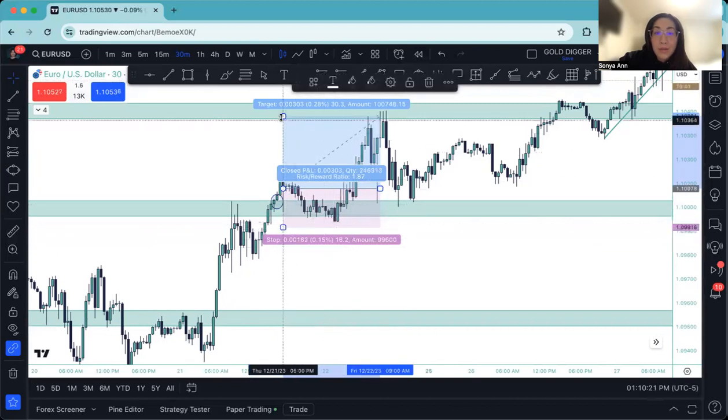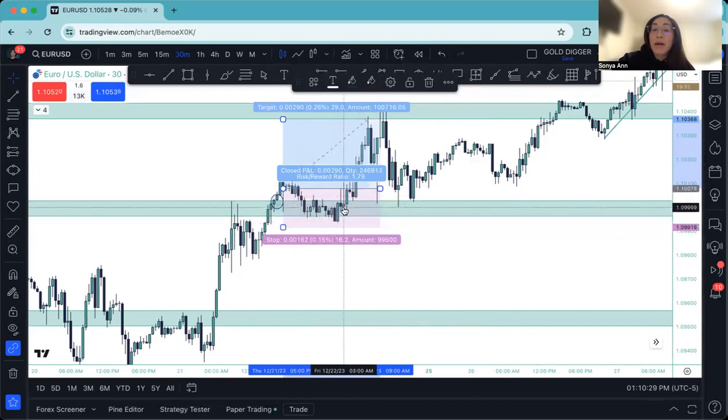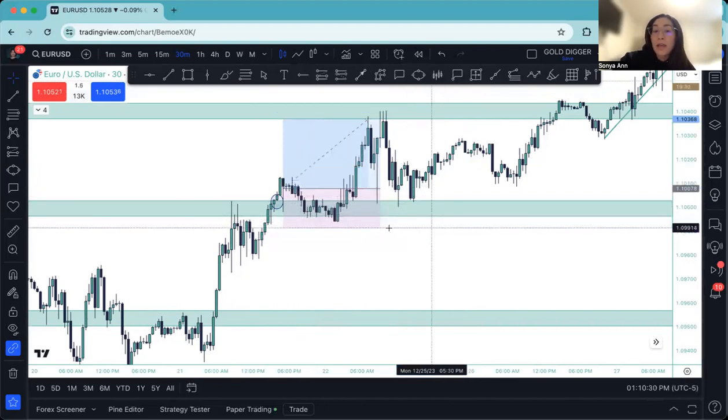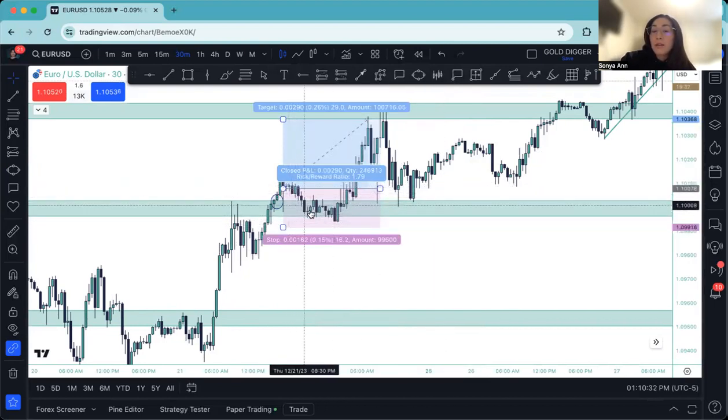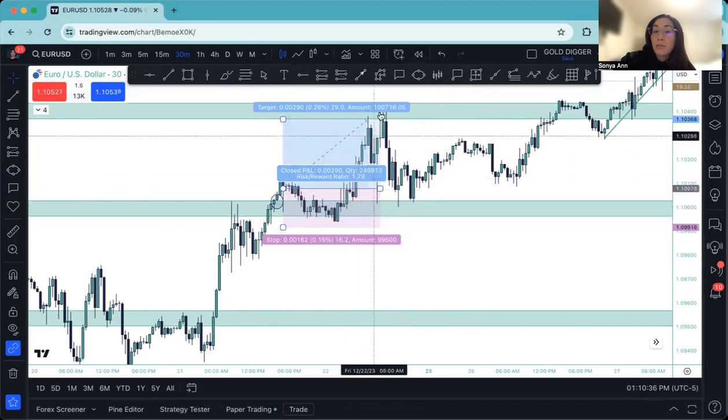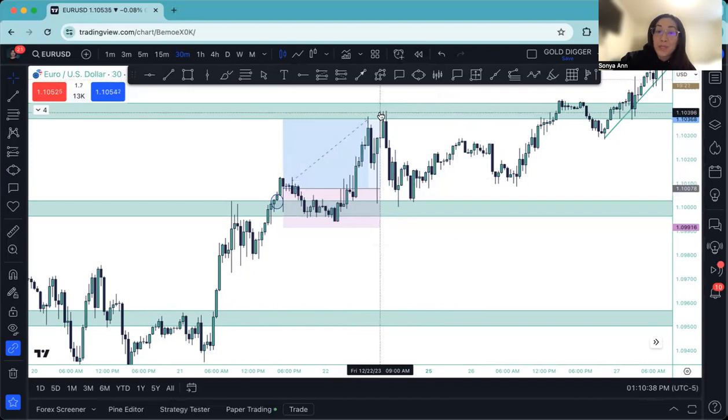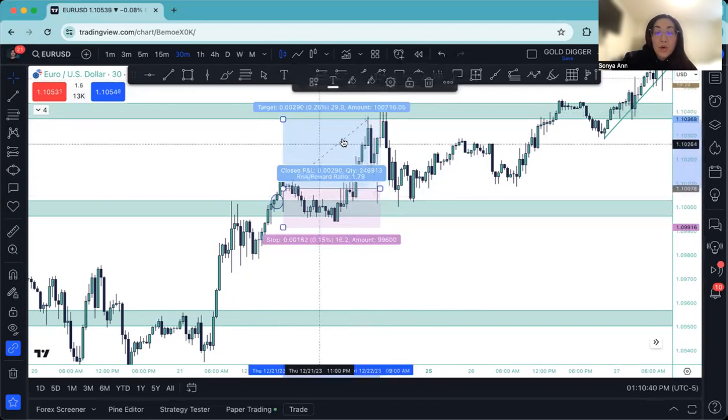That's a 16-point stop loss. There you go, it's a 1 to 7. So this still would have been a great trade, but you see how it really would have messed with your mind before you went into profit.